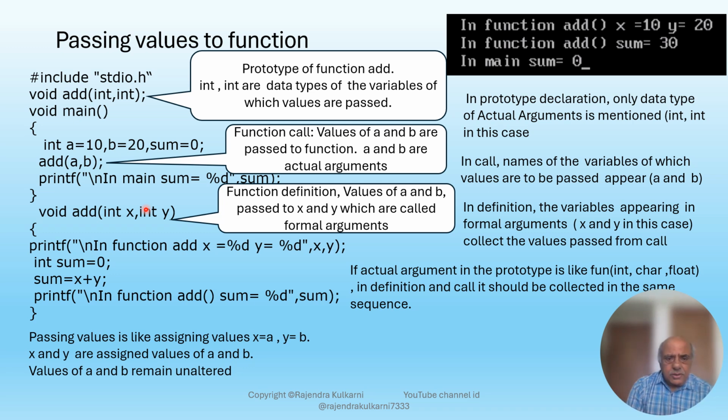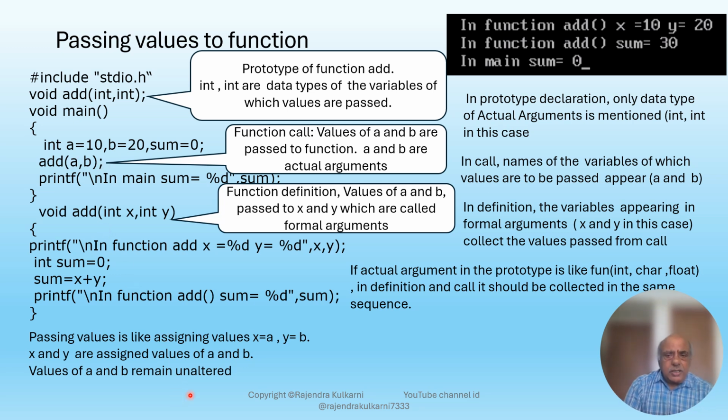Passing values is like assigning values. In this case, x is equal to a, y is equal to b. x and y are assigned the values of a and b. The values of a and b in main, from where we have made the call, remain unaltered.